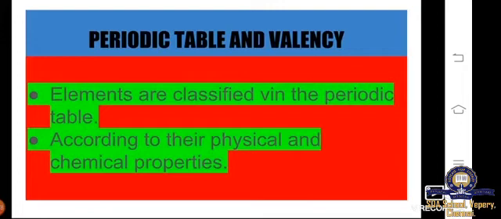Physical means appearance, how it looks. Chemical means its inner quality, its reactions. Based on that, all the elements are arranged in the periodic table. And then valency. Again I'll tell you, valency is nothing but the combining capacity of an element or an atom.